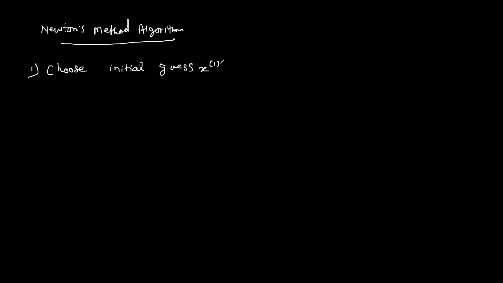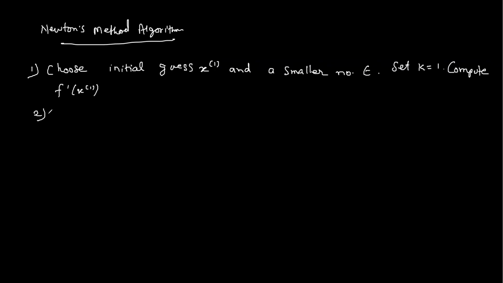This is called x in bracket 1, and a small number epsilon. Epsilon is any limiting value. Set k equal to 1. Compute f dash x1. Step number 2, compute f double dash xk. Understood?